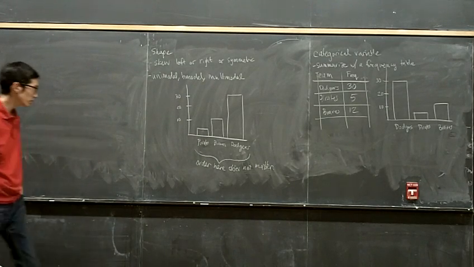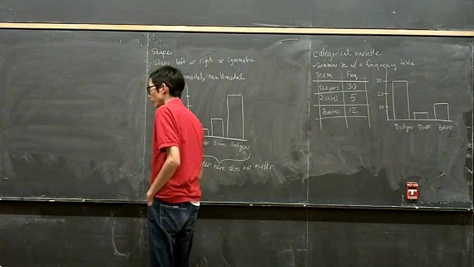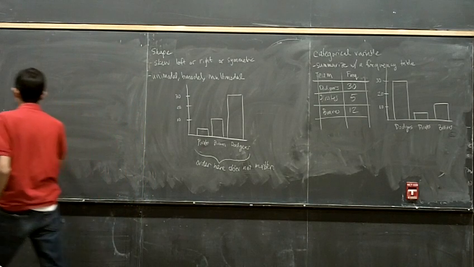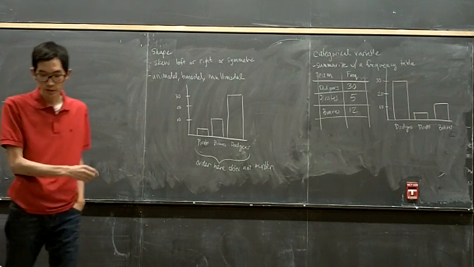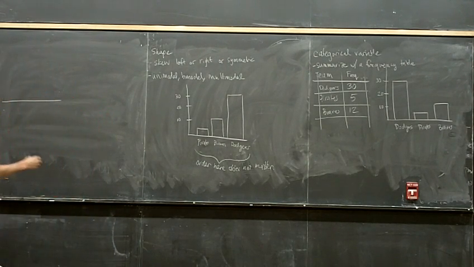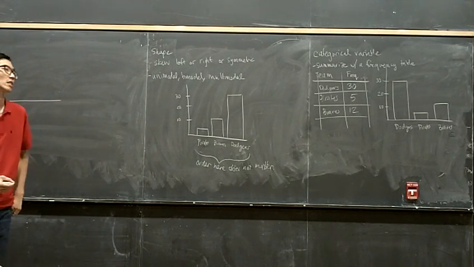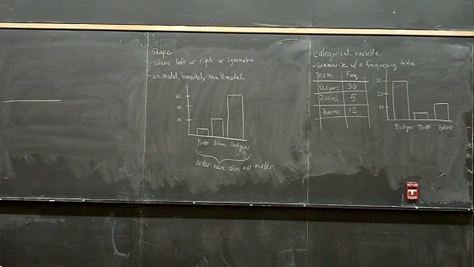Alright. So for a categorical variable, what does it mean to have lots of variation? Let's say we were looking at ethnic diversity.